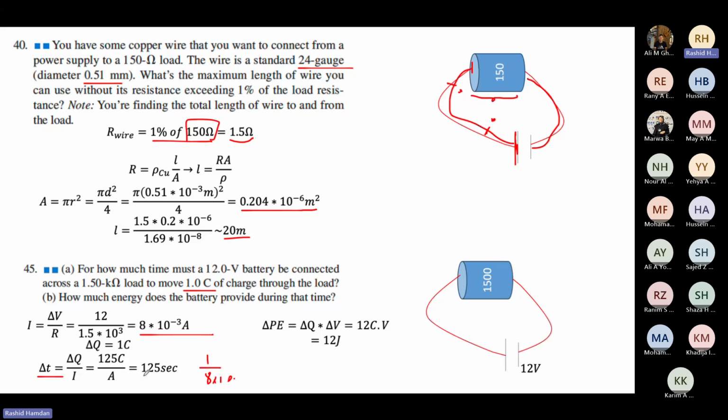So I need 125 seconds. So it requires 125 seconds to have 1 coulomb passing. Now, what is the energy?